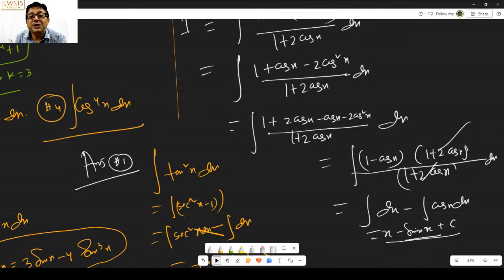So this integrand you write 2 cos square x minus 1, and cos 2 alpha you write 2 cos square alpha minus 1, by, so this you write 2 outside.